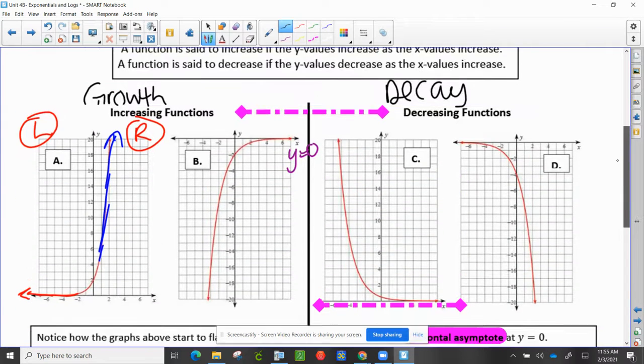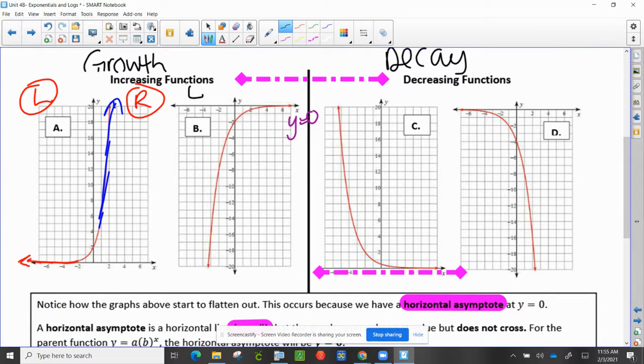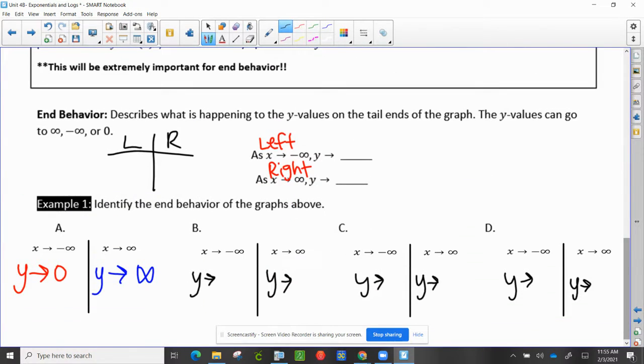So let's look at graph B. Okay, let's talk left side, right side. So as the graph moves towards the left, we can see that this graph is going down forever on the left. So if it's going down forever, where would y be approaching then? Well, hopefully you said negative infinity.